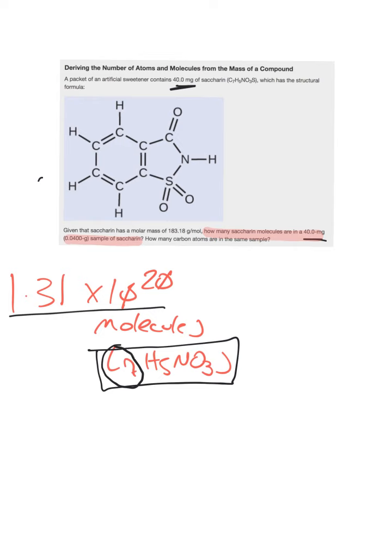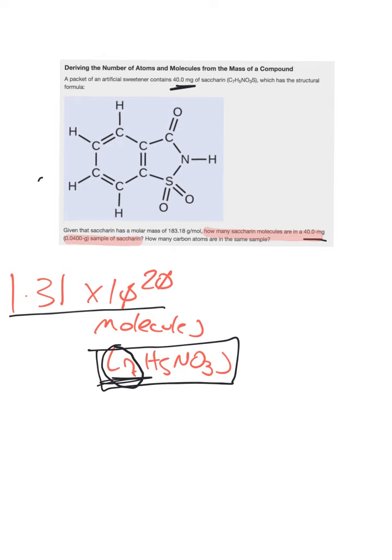And that's what we use to create our conversion factor. Whenever you're asking how many blank atoms are in the sample, you really just have to look at the molecular formula and create a conversion factor by saying one molecule of saccharin is equivalent to 7 carbon atoms.